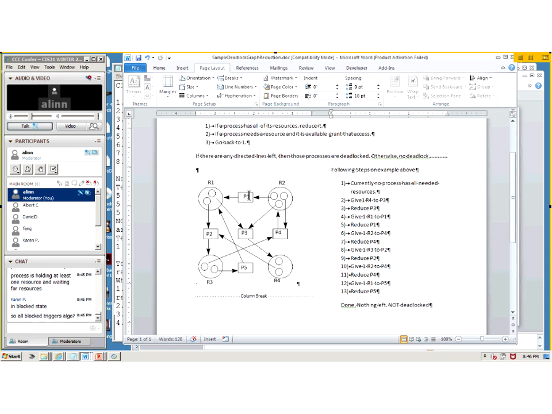P1 and P3 are blocked. They've been in the queue.